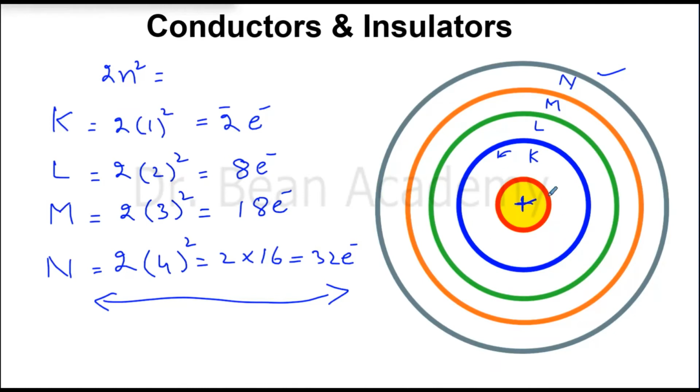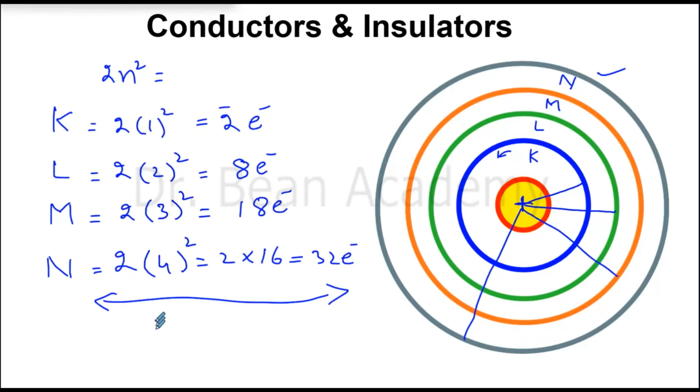And you see that the first shell is in fact nearest to the nucleus, and then the second or L shell is away, and then M is even further away, and the N shell is even further away from the nucleus.